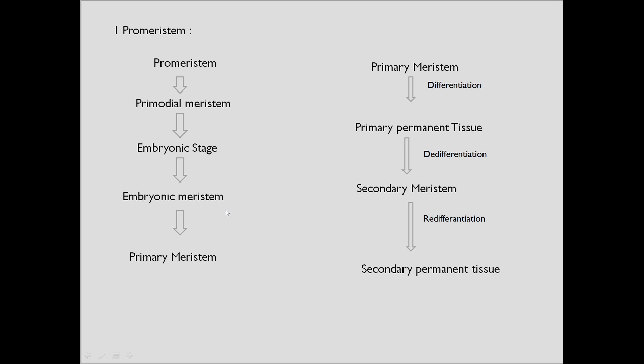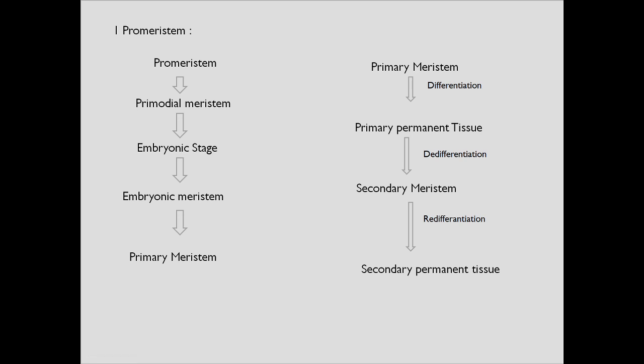So what is the prime function of promeristem? The prime function of promeristem, or the primordial meristem, is to form the primary meristem.